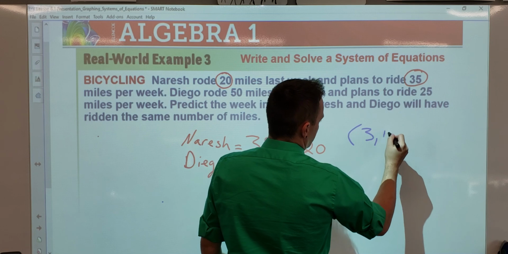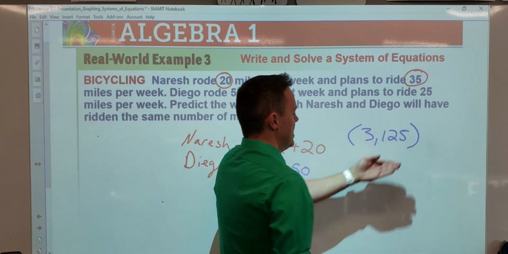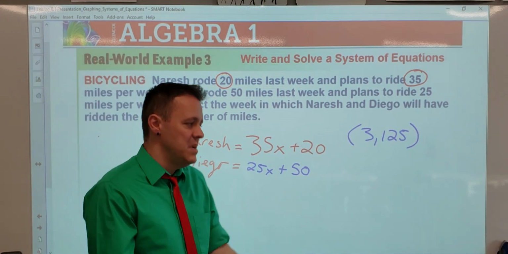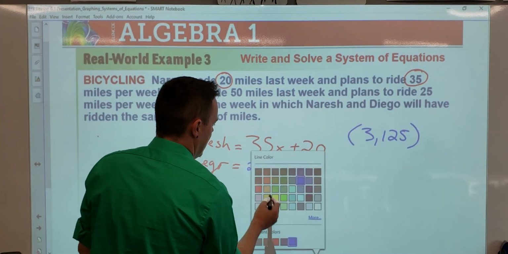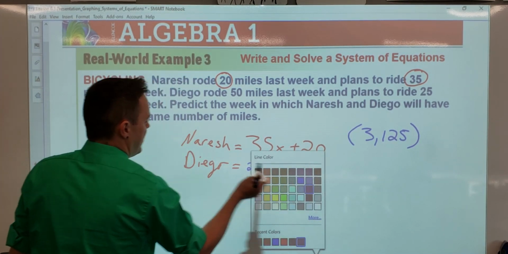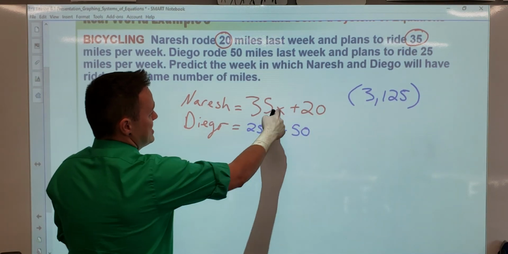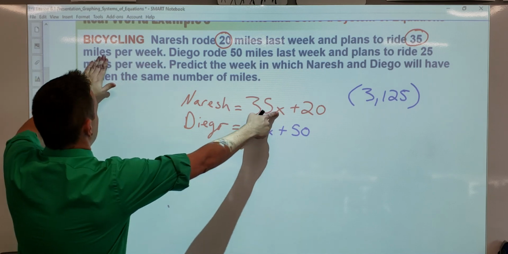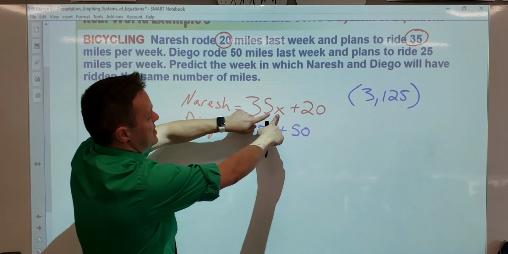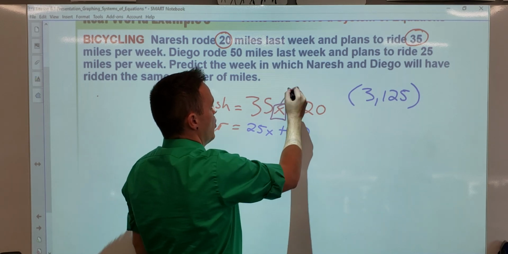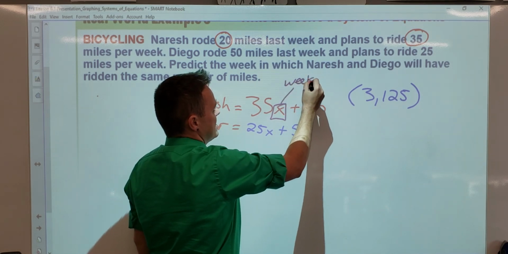But here's the problem. Nobody cares about that. What we care about is, what does it actually mean? What does the x value mean, okay? So what it means is as follows. If x is 3, remember, this is a time, and it's miles per week. So this variable represents what word? Weeks.